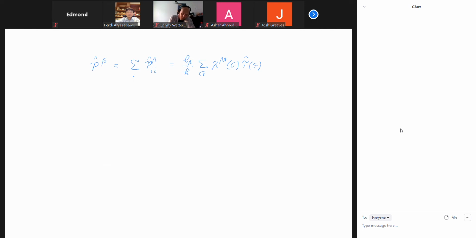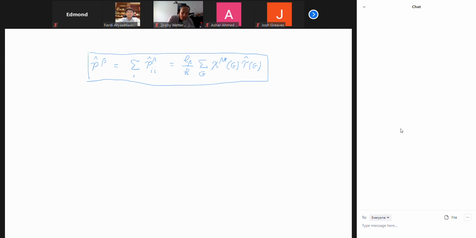So in most applications, I would say, we just need this projection operator instead of the more complicated one that we had before. It's sufficient to work with this projection operator.